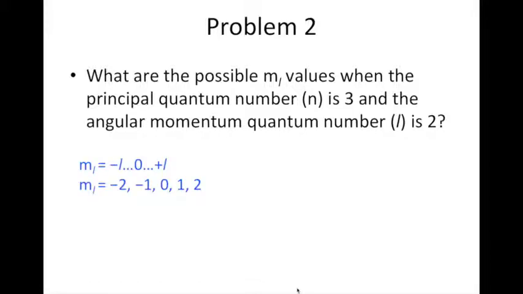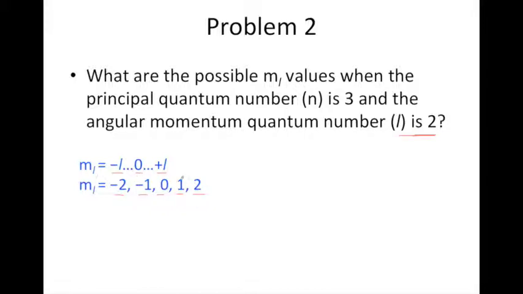So for n equals 3, the third shell, and the angular momentum quantum number is 2, the m sub L values are going to be negative L all the way up to plus L, including 0. So the m sub L values for an L of 2 would be negative 2, negative 1, 0, positive 1, and positive 2.